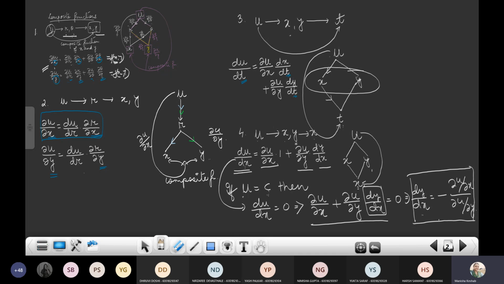Therefore, we do not convert, and directly we apply this for composite functions. Similarly, if we want to find dy/dx, then finally my answer should be in terms of x, y.